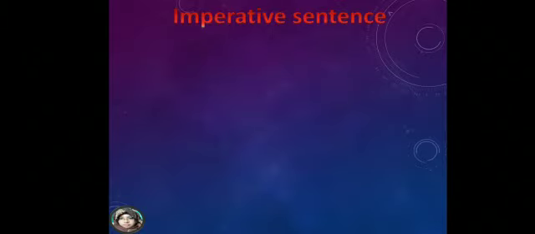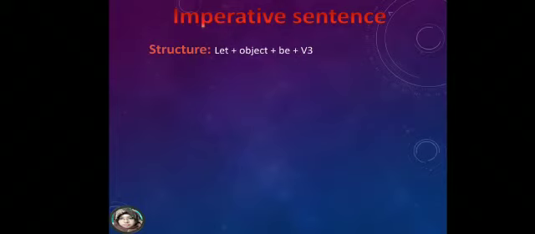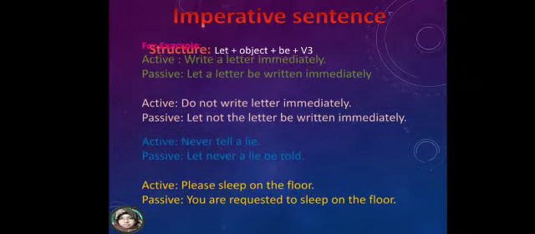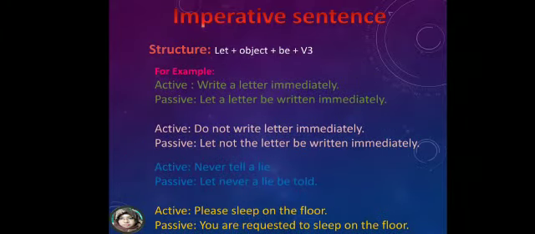An imperative sentence in the passive voice has the following form. The structure is let plus object plus be plus V3 form. The first example is, write a letter immediately.